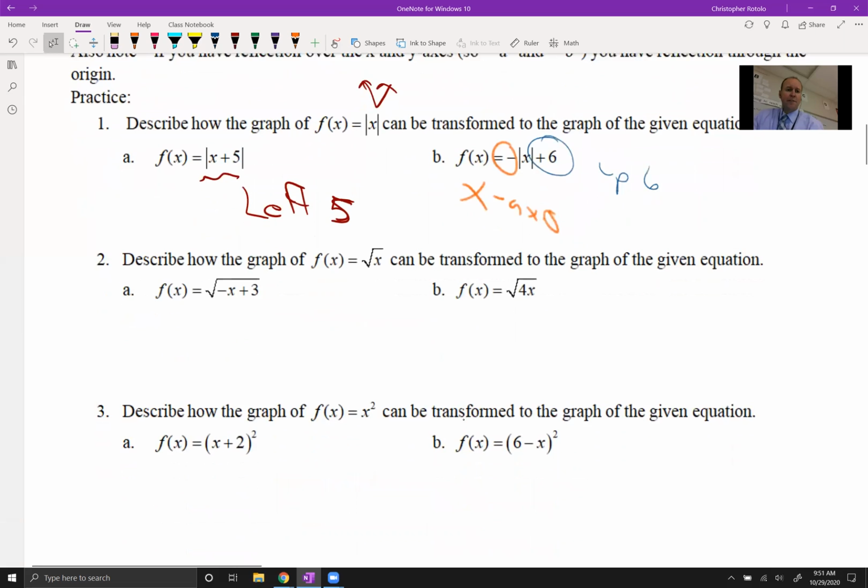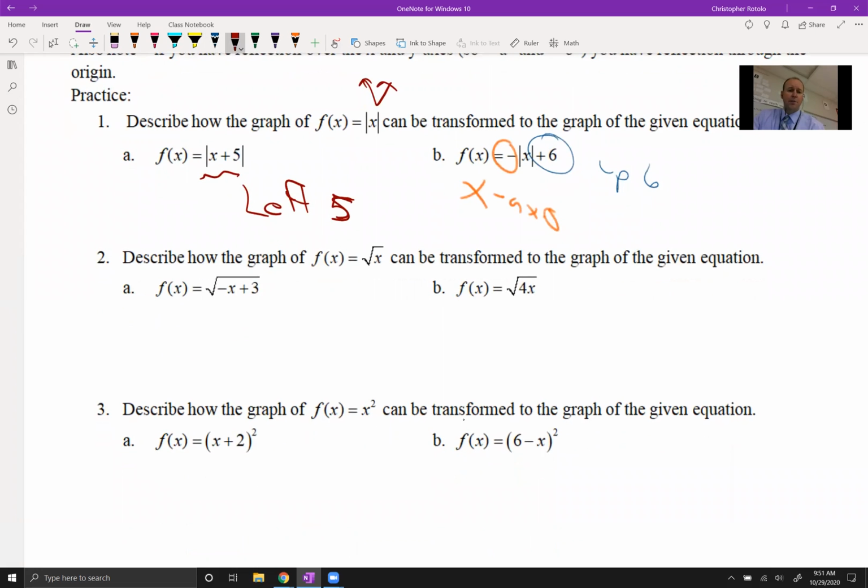The next one we have is a square root. We're relatively familiar with square roots. And what happens is now I have a y-axis reflection, and that goes in combination with a +3. Typically for a +3, I would say left 3 units. But when these things happen together, we really want to think about what happens to my domain.